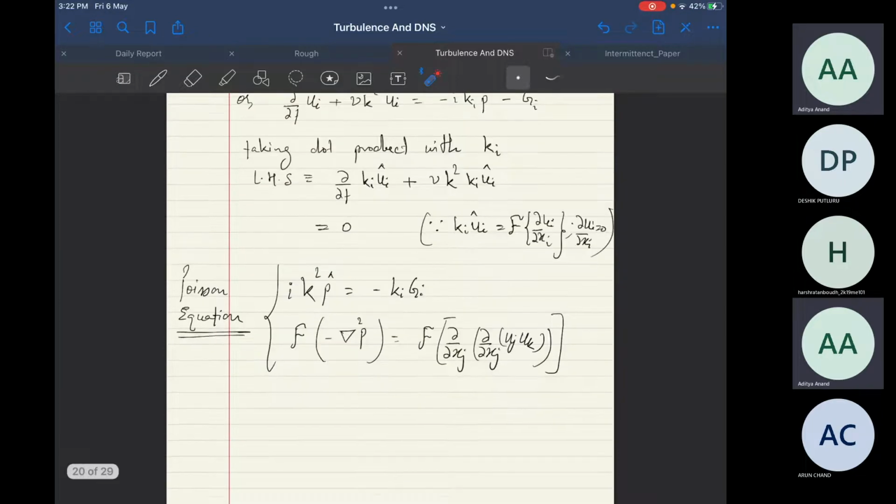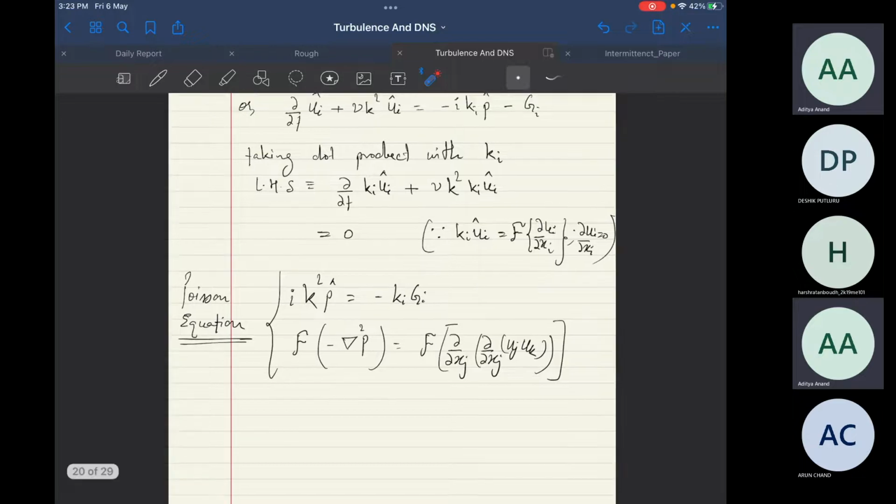So this term is basically the Fourier transform of negative del square p, and this would be the Fourier transform of the gradient of g, because this multiplies g with ki. So this is basically the gradient of the convective term itself.